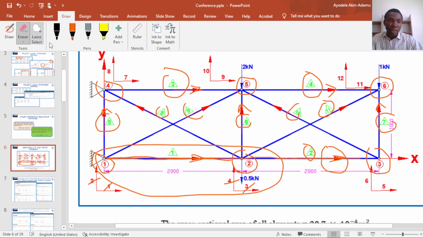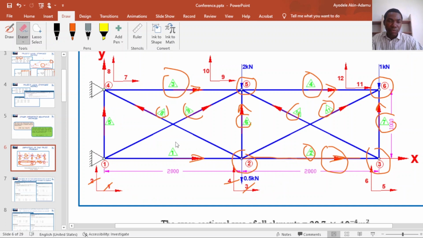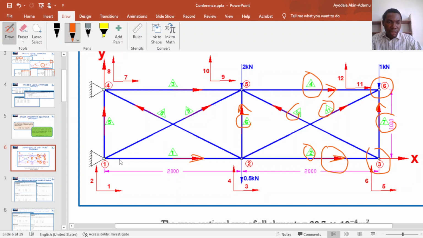Let me use my eraser to remove all this sketch. For element 5, because the arrow is pointing from node 1 to node 4, we take our measurement of our angle from node 1, and the angle is given by this. It's a 90 degree angle from the positive x-axis to the member.